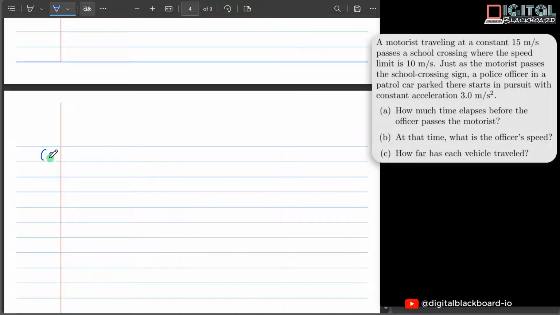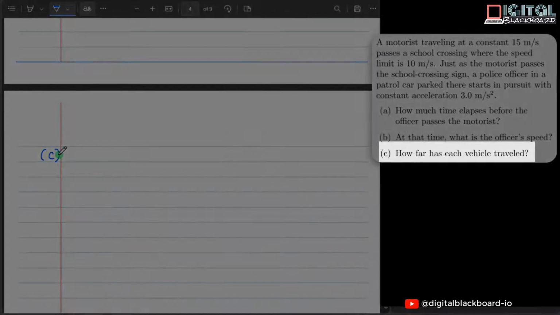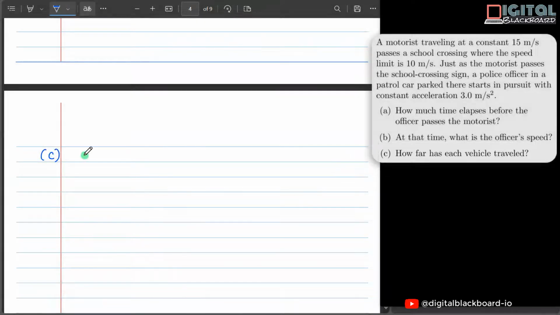Finally, for part C, how far has each vehicle traveled? In this case, the distance traveled by both vehicles is the same, so we can solve it either from the officer's perspective or from the motorist's perspective.